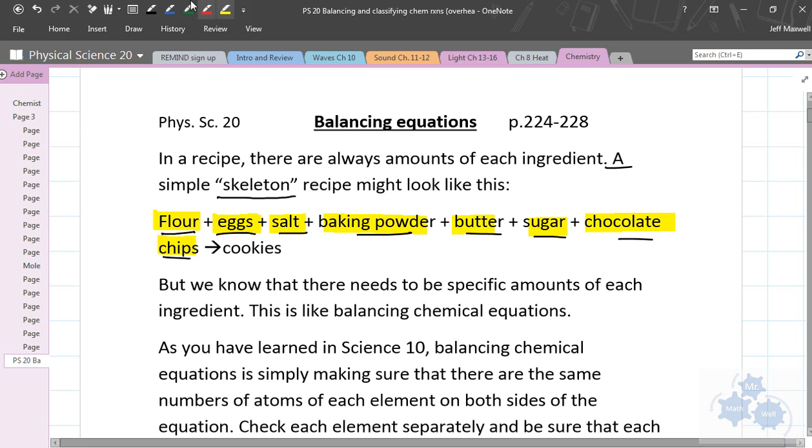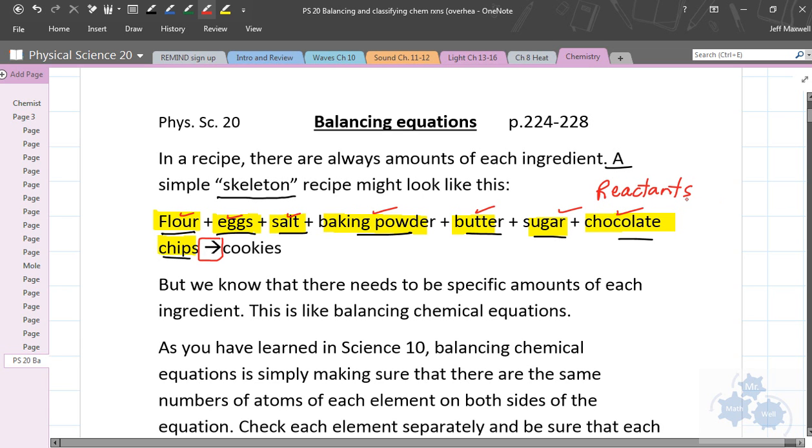It is also important to note here that near the end of this little skeleton equation, there's an arrow. In chemical equations, we never have equal signs. We always have arrows. So these are the ingredients, or the reactants, on this side. You should remember a lot of this from Science 10.